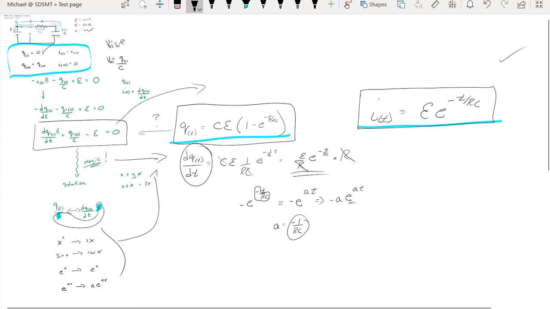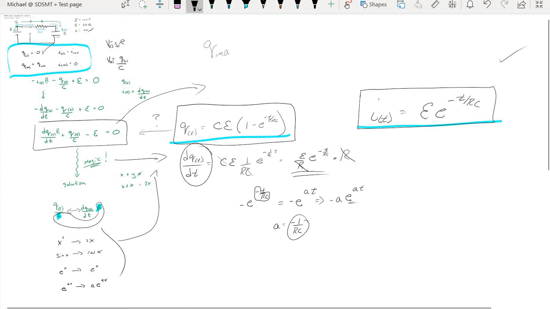If we let our time go to infinity, that is when we should achieve a maximum charge. If we let time go to infinity, we get e to the negative infinity, which would essentially be 0. But we still have the 1 out here, 1 times CE, so that's the maximum charge.